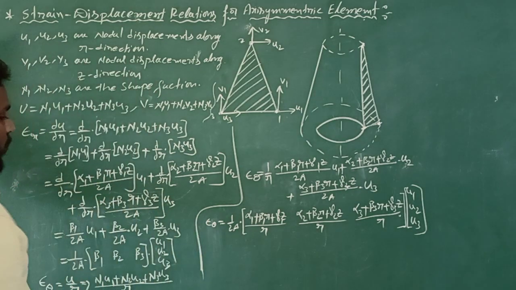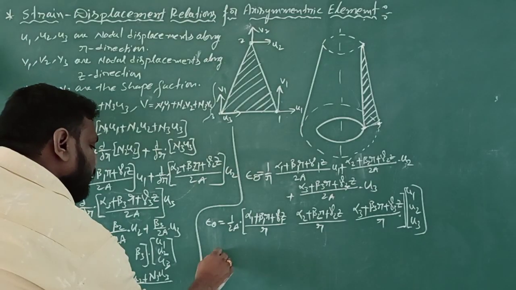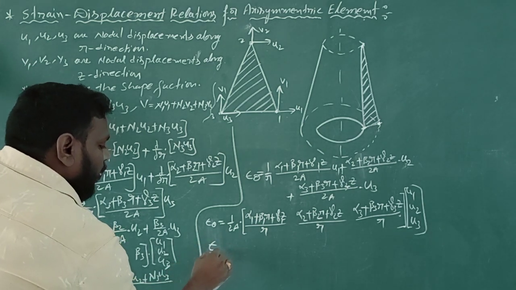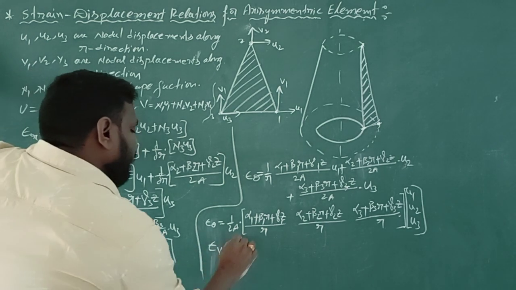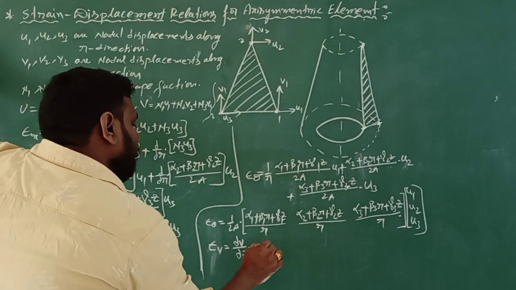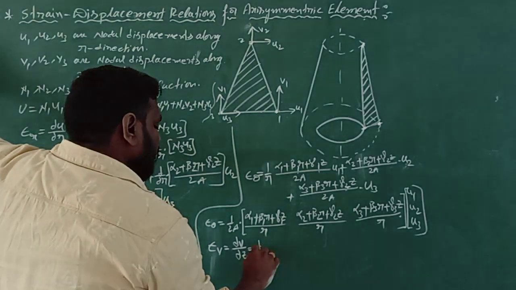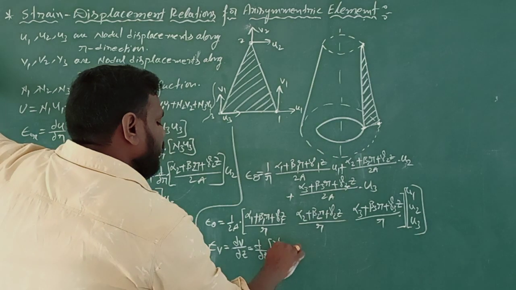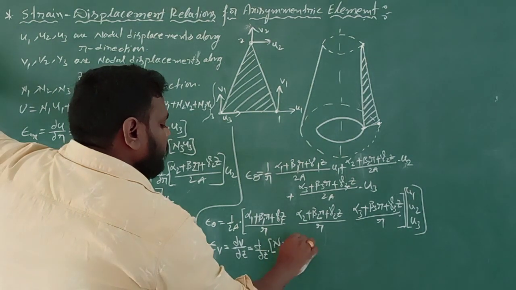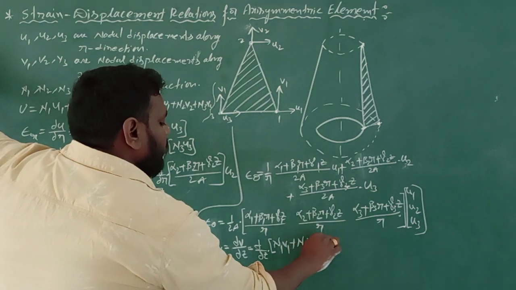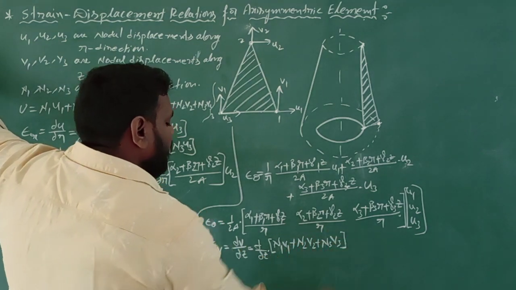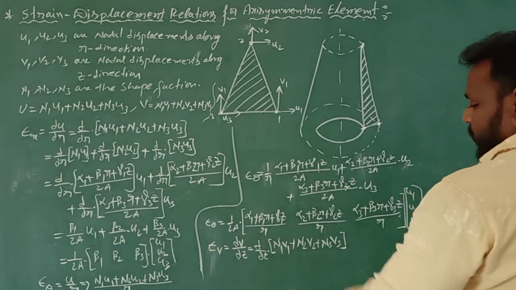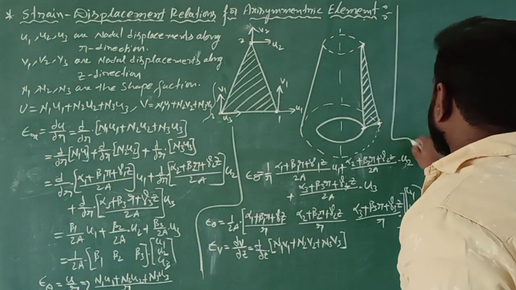Okay, next we have to write the strain displacement relation for the v direction, that is epsilon v is equal to dou v by dou z, which is dou by dou z of n1 v1 plus n2 v2 plus n3 v3. The bracket is like this. Next we have to split out all the equation here.